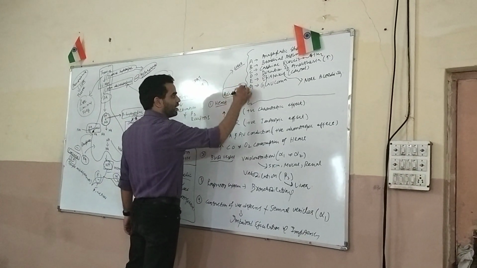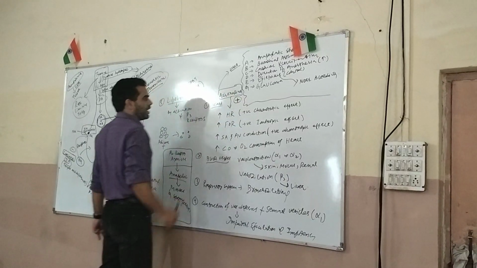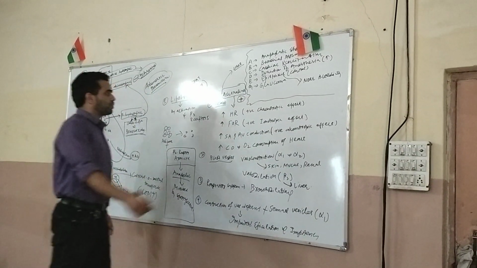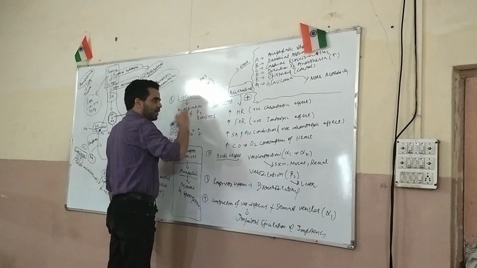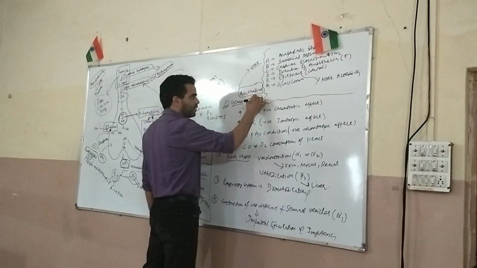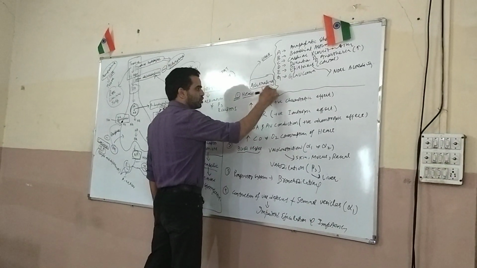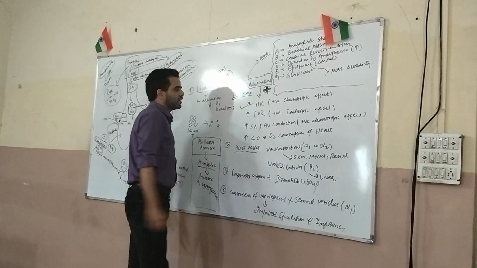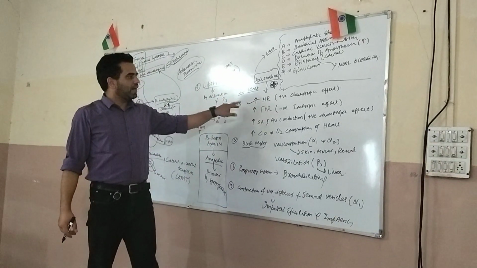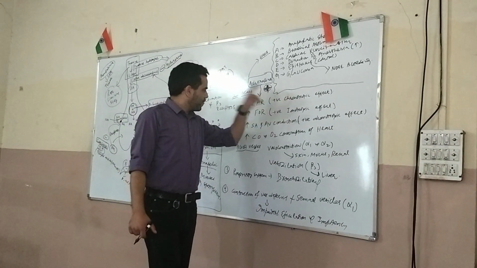Now we have some functions of adrenaline. The main drug here is adrenaline. There are some specific actions. First action is on the heart, so it will cause stimulation of the heart. The first thing, it will cause an increase in heart rate, which is called positive chronotropic effect.